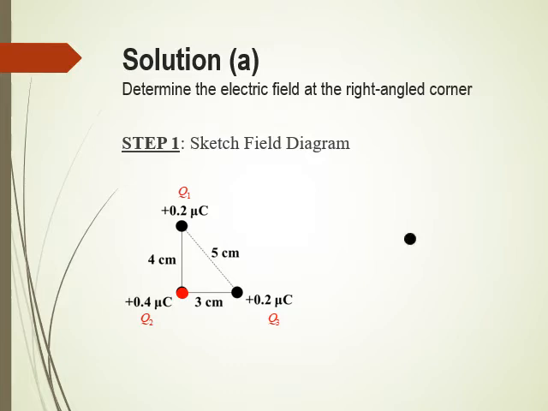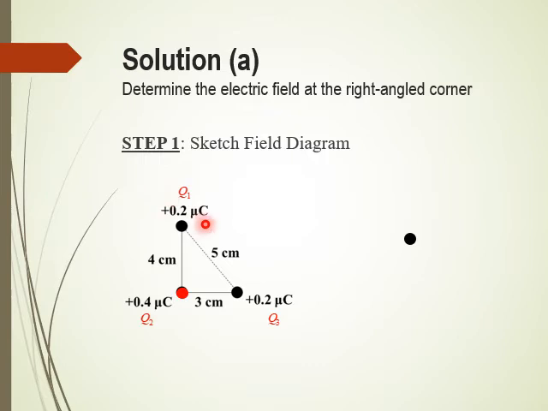So this is the object, which is the position of the positive 0.4 microcoulomb charge. What am I going to do right now? I need to identify how many charges are located beside it. There is Q1 and Q2 here, which means we're going to sketch two electric field lines based on these two charges. Let us start from Q1.